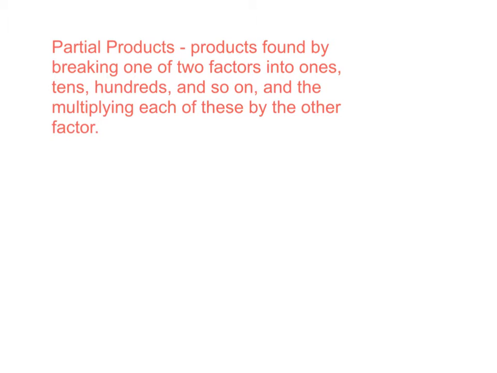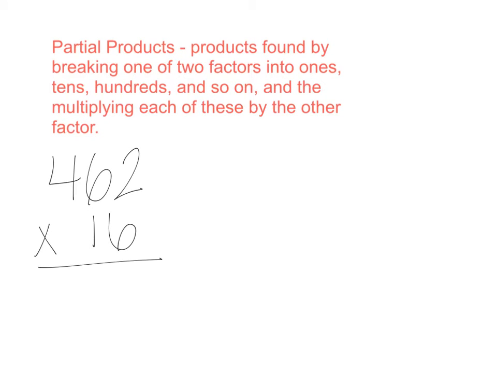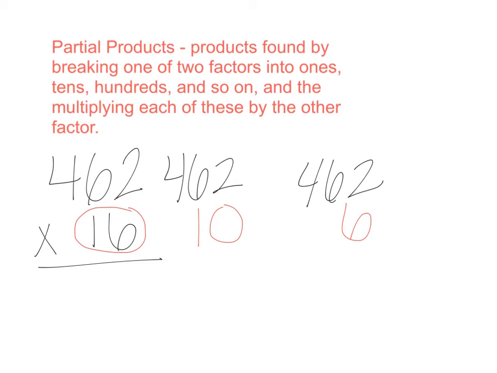For example, if we have the factors 462 times 16. Okay, those two numbers are factors. We are going to choose one of them to break apart. Breaking apart the number 16, that's going to be a 10 and a 6. You're going to keep the other factor the same, so 462 and 462.